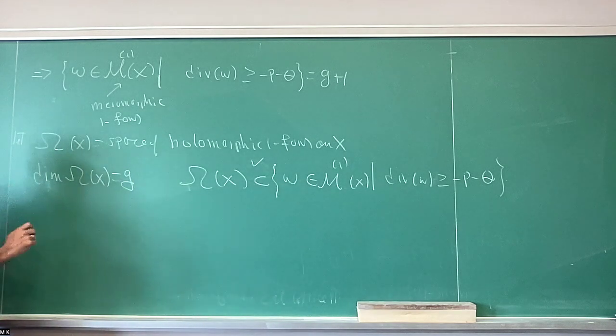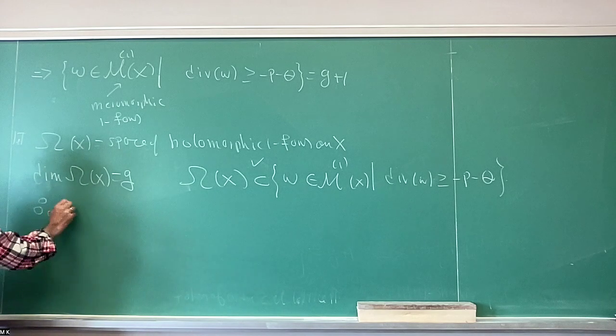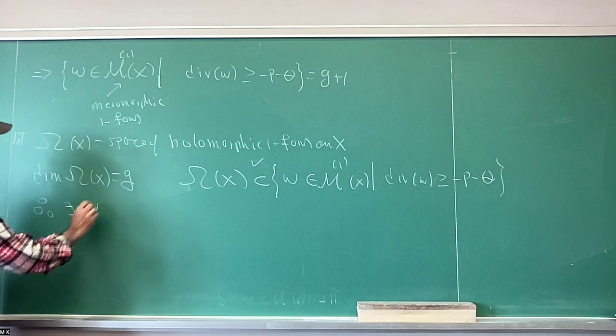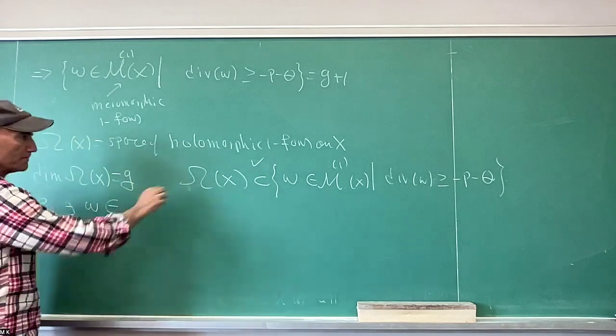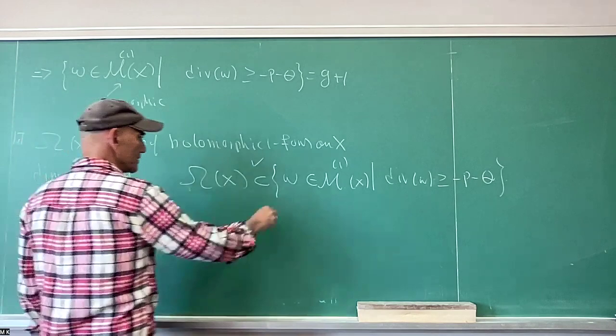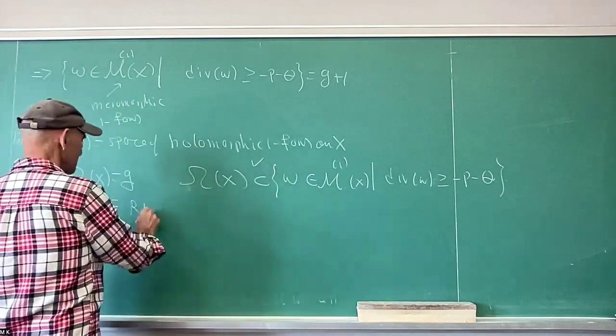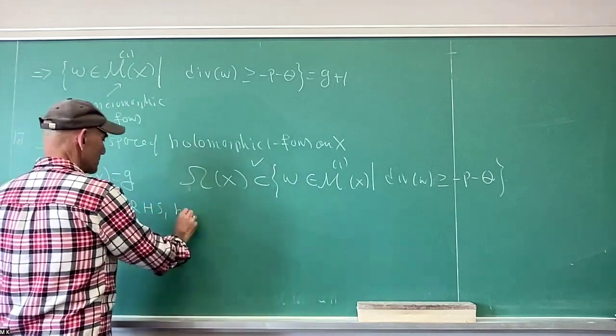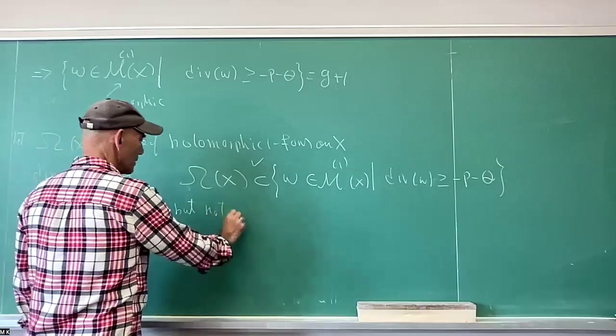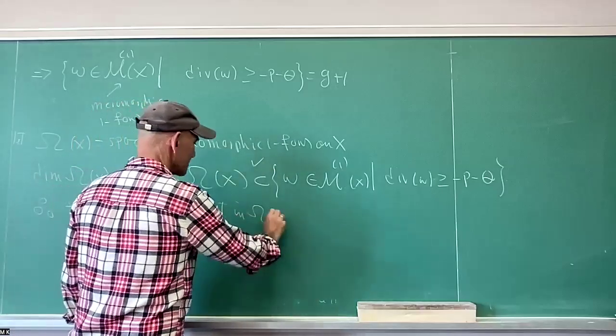Okay. Now let me write it. So far we proved that there exists omega, which belongs to this space on the right-hand side, but not in omega of x.